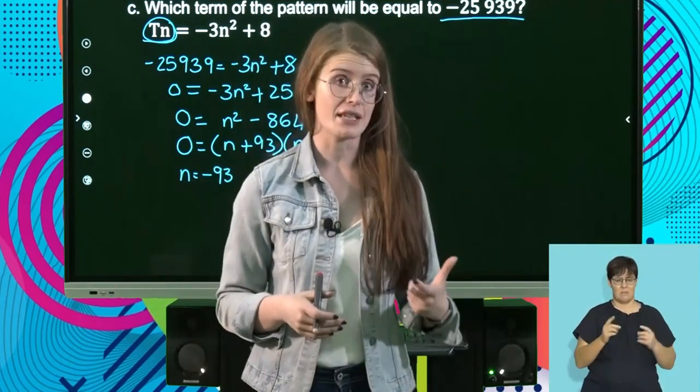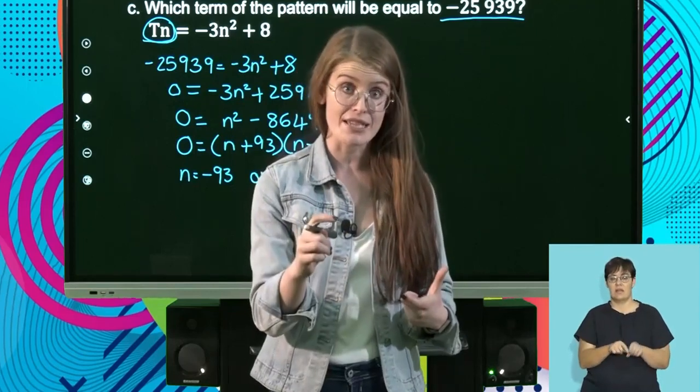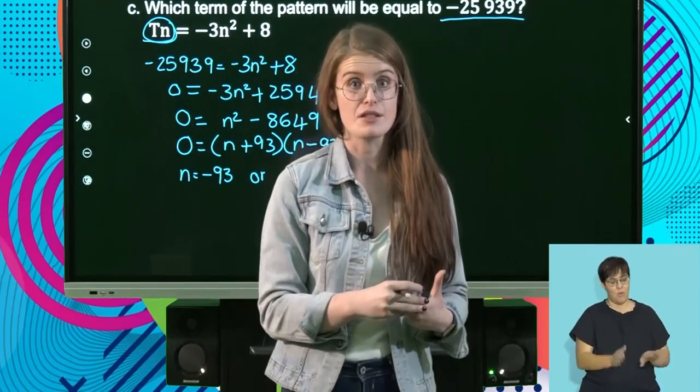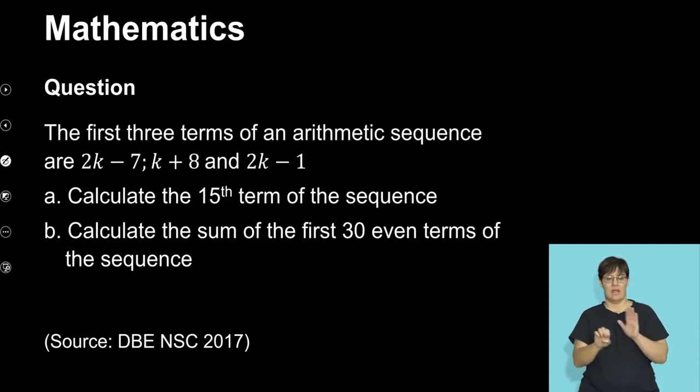I don't have negative term numbers. So that means that n is equal to negative 93 is not a valid answer. So let's cross it out. Cool. So we know that it's the 93rd term of this pattern that will have a value of negative 25,939. Let's go on to the next example, everybody.